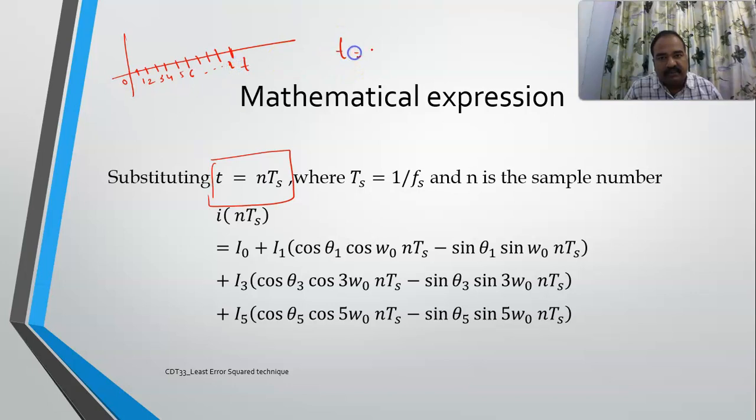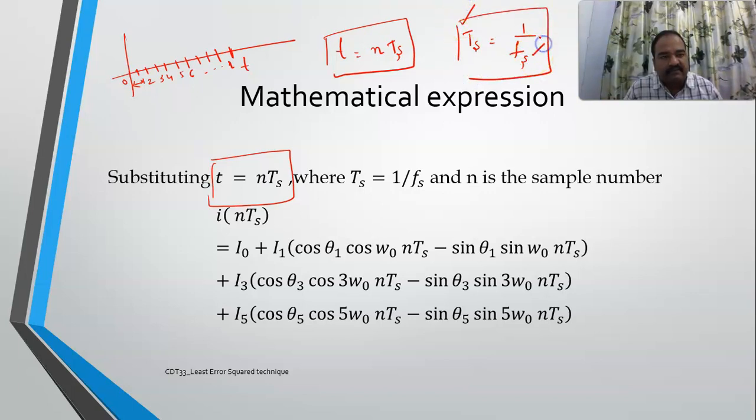My total time is n times the sampling time between two samples, where the sampling time Ts is 1 by the sampling frequency. If I substitute these in the earlier equations, wherever I get t, that will be replaced by n Ts. Now this is my expression.